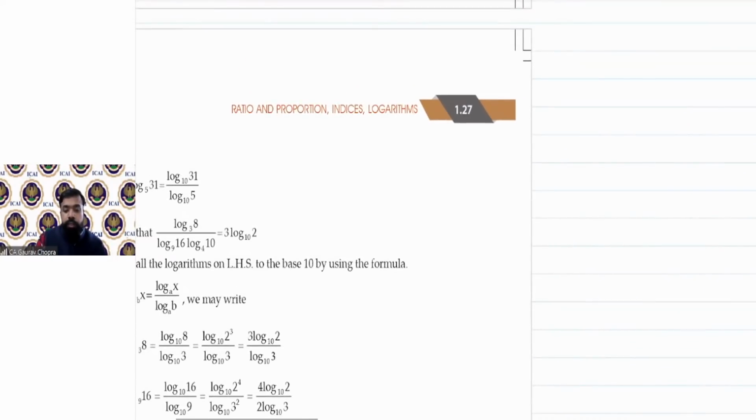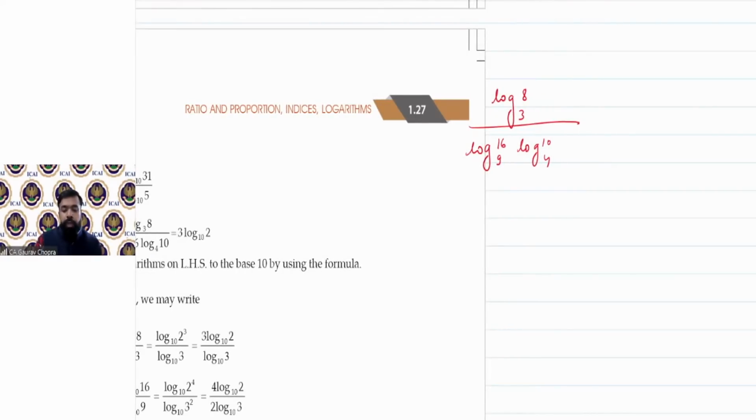The question says it is log of 8 base 3 divided by log of 16 base 9, log of 10 base 4. Now, we cannot solve them directly. We cannot cancel them directly. So the first thing we have to do is use the common base for all, so that everyone can get separated.